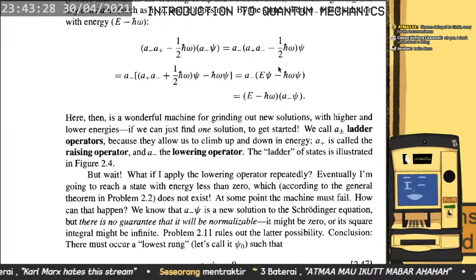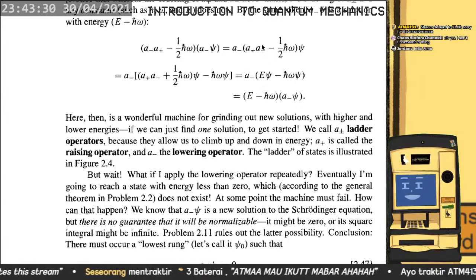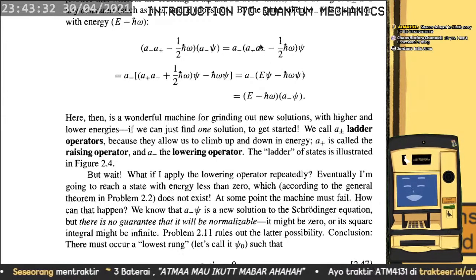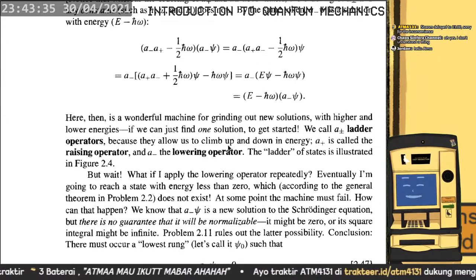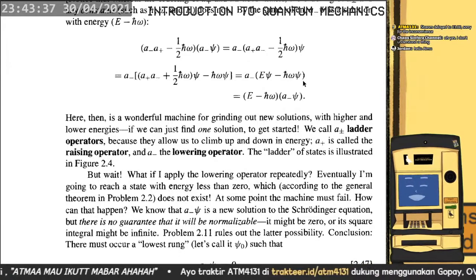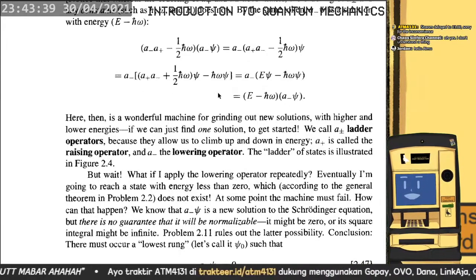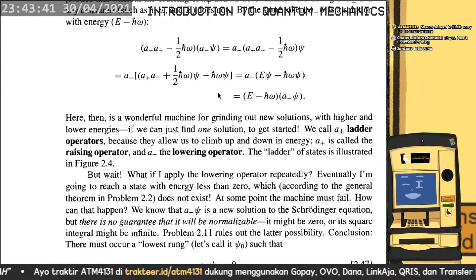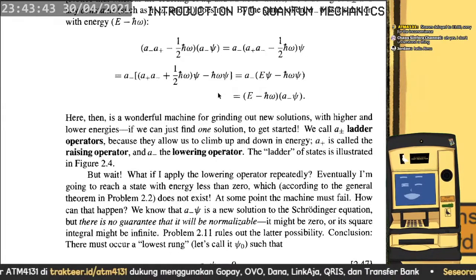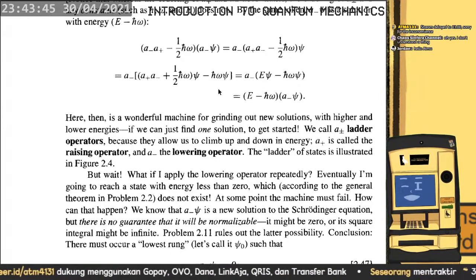With higher and lower energies, if we can just find one solution to get started. We call A plus minus the ladder operators, because they allow us to climb up and down in energy. A plus is called the raising operator and A minus is the lowering operator.